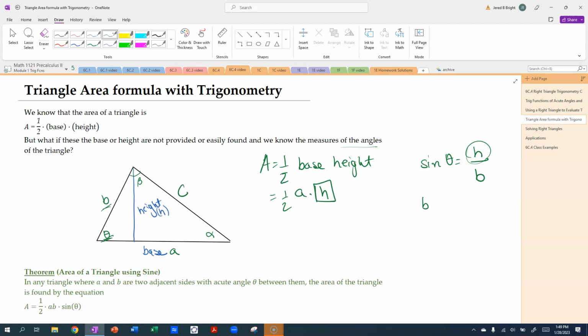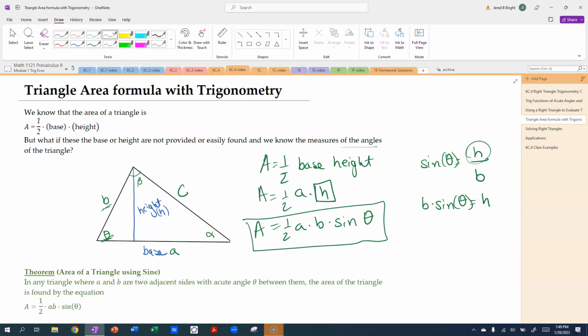So I would do b times sine of theta is equal to h. All right, and go ahead and substitute that in: 1/2 a times b times sine of theta. And this would be another way to calculate the area of the triangle.